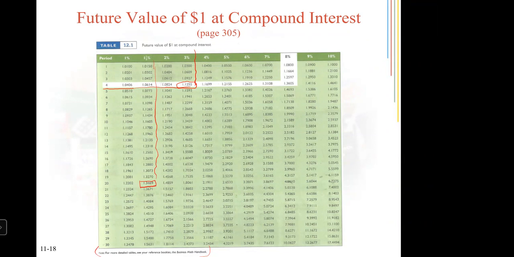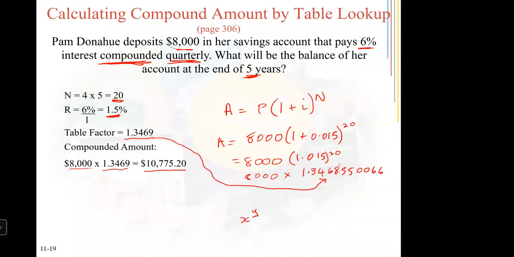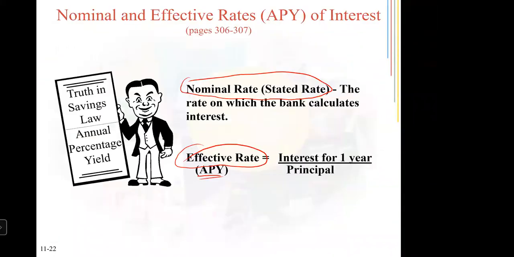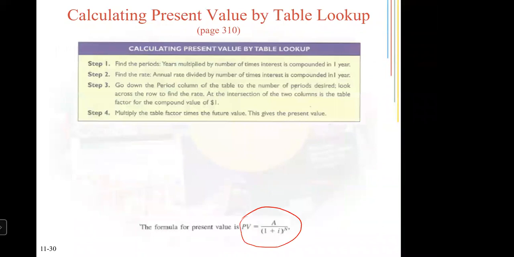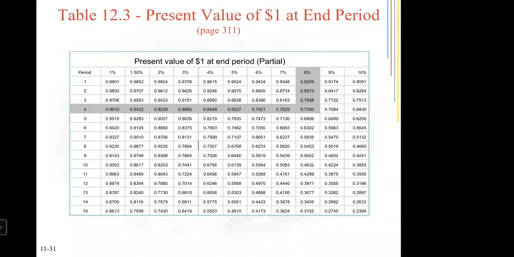So that's because your money is going to be growing with the future value. You have a certain amount now and you want to know how much it will grow to in the future. So with the present value table, you have a projected amount and you want to know how much you must invest today.